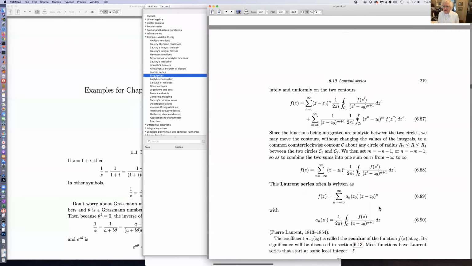And so what does this tell us? This tells us then that the integral dx e to the minus m squared x squared is equal to the integral dx e to the minus m squared (x plus ic) squared.